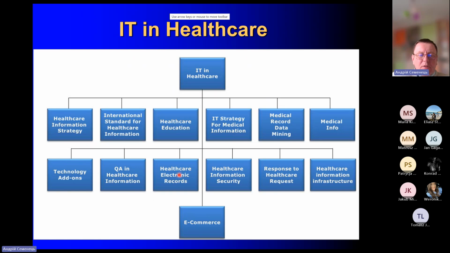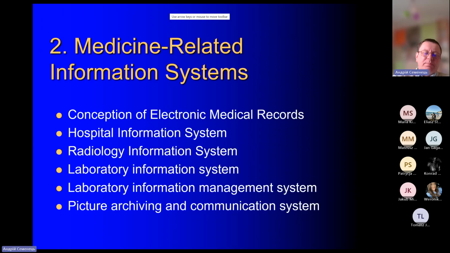Of course, quality assessment, education, strategic decisions, data mining, implementing security, maintaining information infrastructure in healthcare facilities, and so on, up to e-commerce. And of course, decision making in the diagnostic process, which is actually one of the objectives of the development of artificial intelligence.